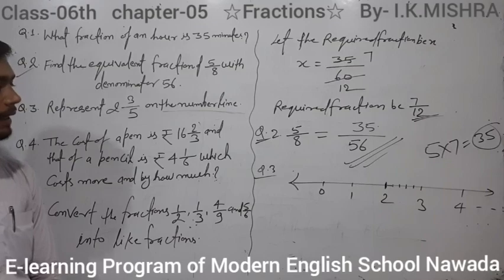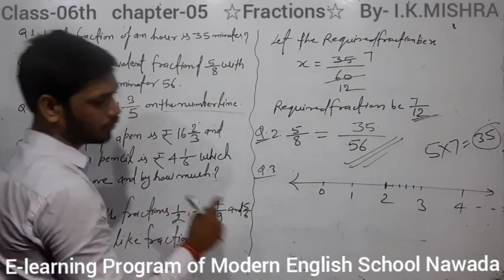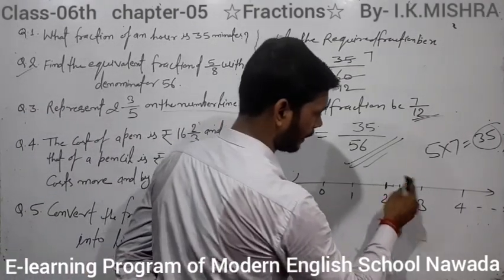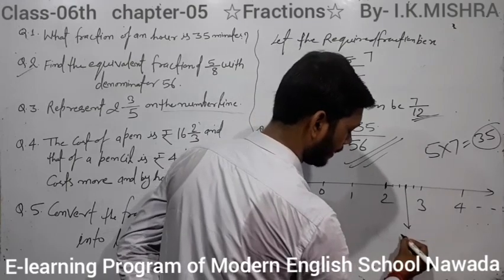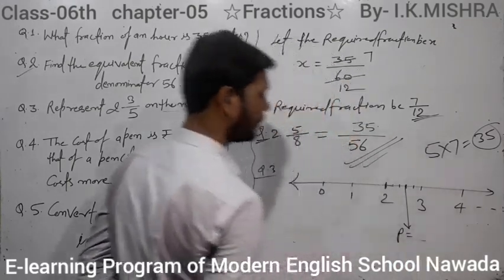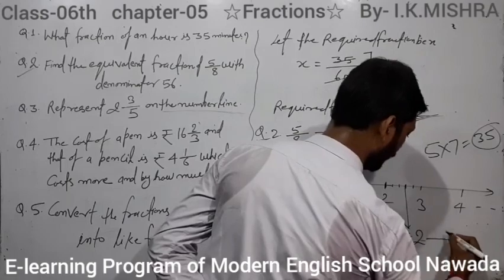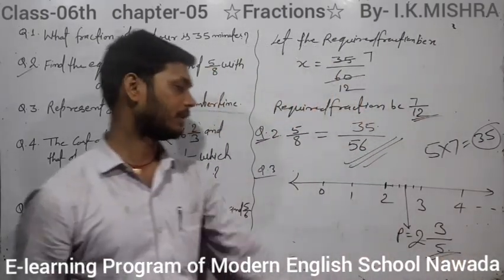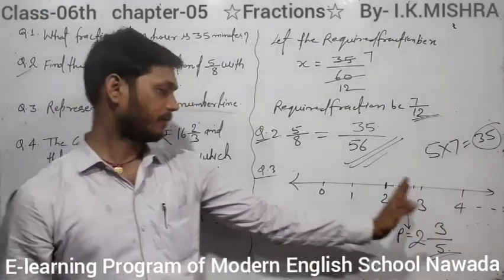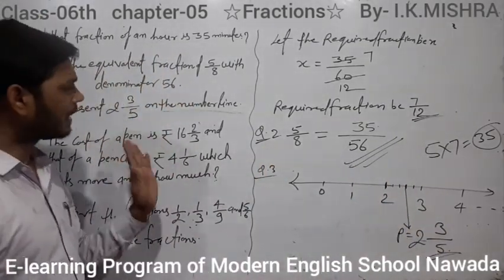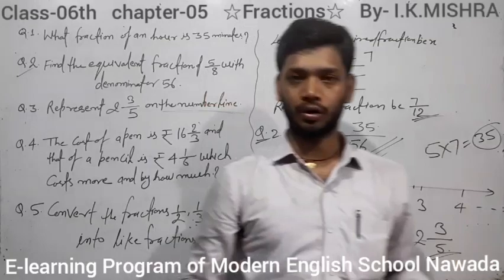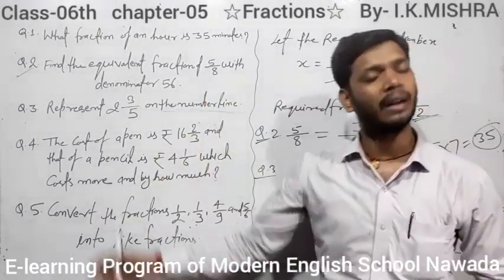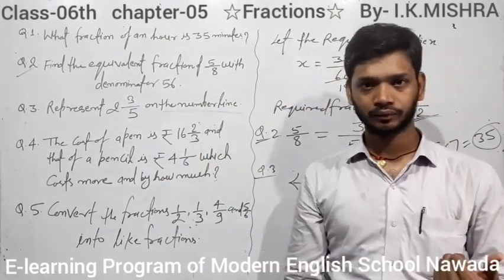After that, the numerator is 3, so count 1, 2, 3. This point is P, and P is equal to 2 whole 3 upon 5. Clear friends? This is the representation of the given fraction. And similarly you can represent any question given in the exercise.